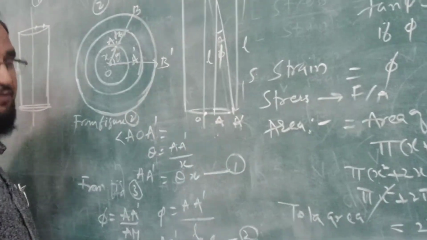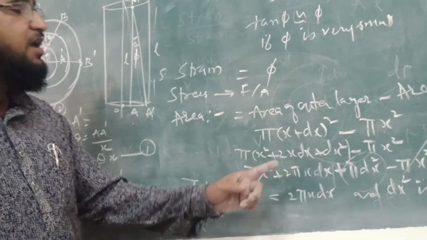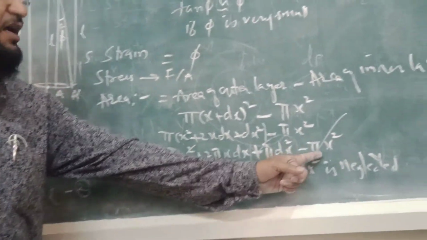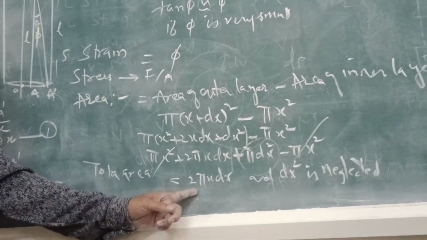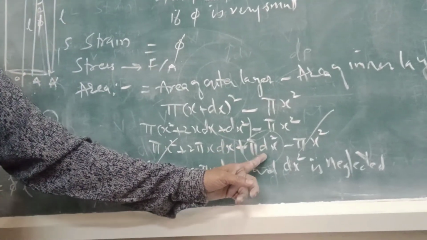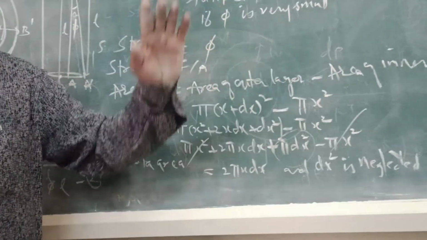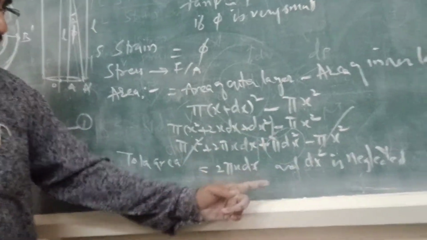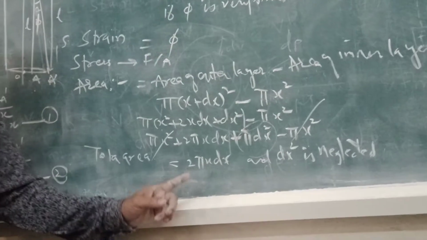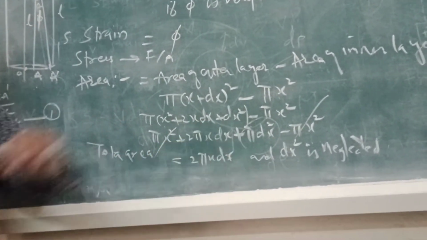It will give you the area of this strip. If I expand it, pi x square gets cancelled, and I am neglecting the term with dx square, because dx is already small and the smaller of the smaller quantity is again smaller. So the dx square term is neglected. So the area of that strip is 2 pi x dx.